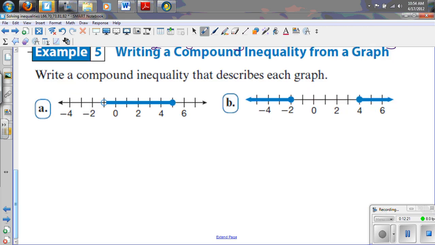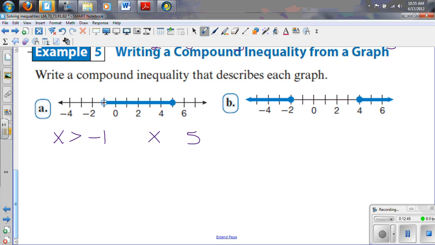These last two, they would like you to write a compound inequality that describes each graph. So I'm going to write these separately first and then combine them. So we're talking about this one right here. That is a -1. And we're talking about numbers that are greater than -1. So x has to be greater than -1. And it's not equal to because it's not filled in. On the other side, we have 5.